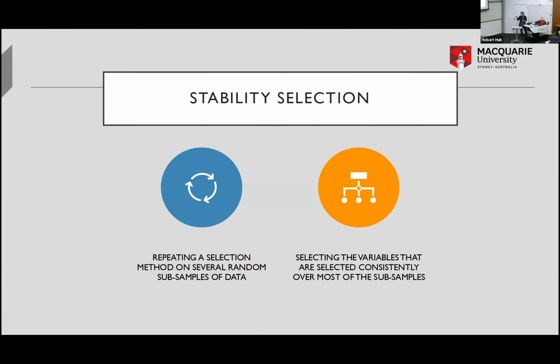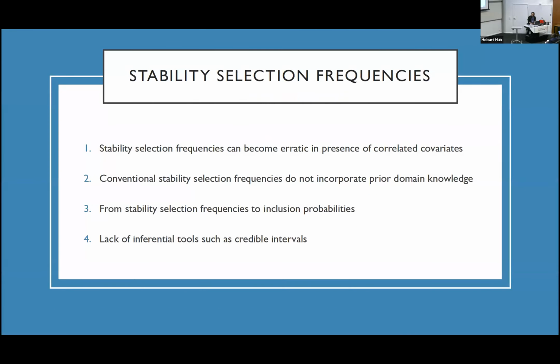And at the end, aggregate the selection results and select the variables that are consistently selected over most of the resamples as stable variables. We endorse this approach, but we raise some issues with selection frequencies. Here, selection frequency simply means the percentage of the time that a variable is selected as an important variable over the random resamples.